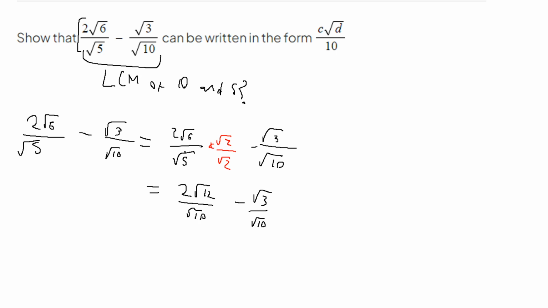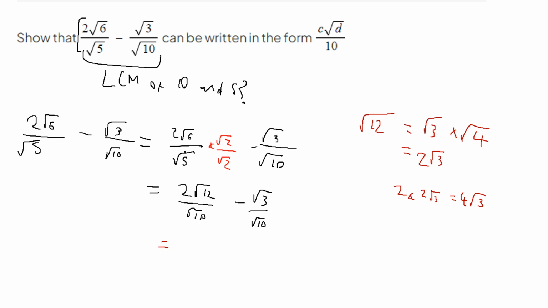Now, we can subtract 2 root 12 by root 3, but what is root 12? Root 12 is the same as root 3 times root 4, which is the same as, what's the square root of 4? Square root of 4 is 2. 2 root 3. 2 times 2 root 3 is equal to 4 root 3.